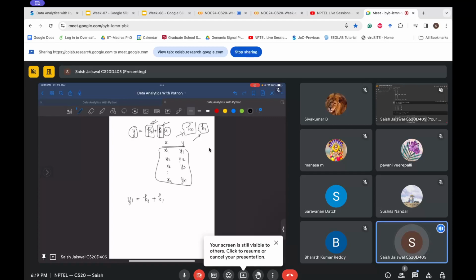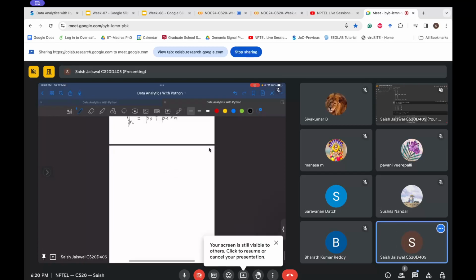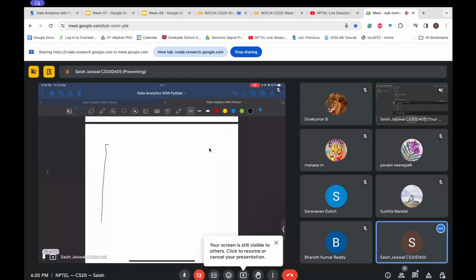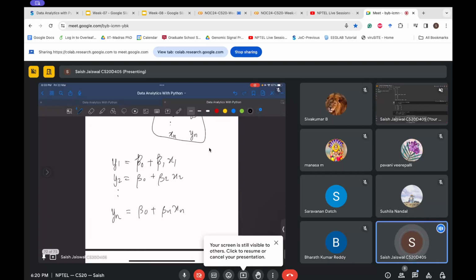So the reason for adding a constant in this equation in the Python notebook: let us say y1 equal to beta naught plus beta 1 x1, y2 equal to beta naught plus beta 1 x2, and so on, yn equal to beta naught plus beta 1 xn. If you write it as a matrix, can someone tell me how the matrix formulation, or vectorization, of this particular set of equations will look?